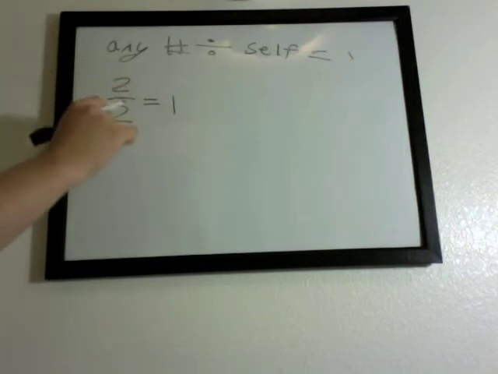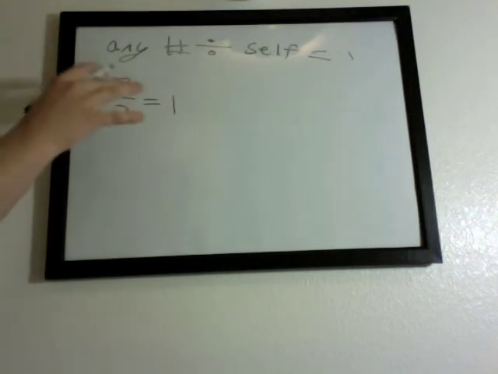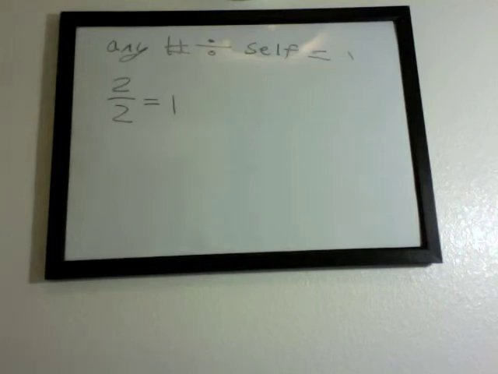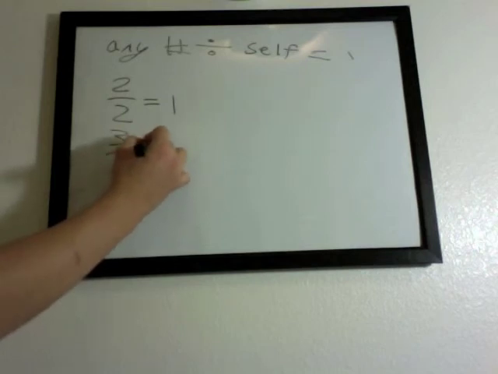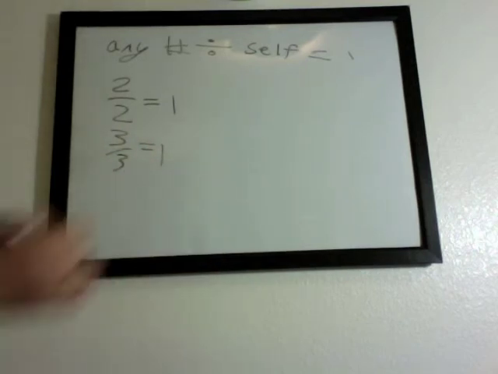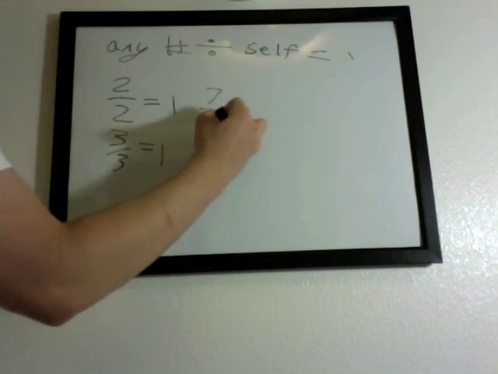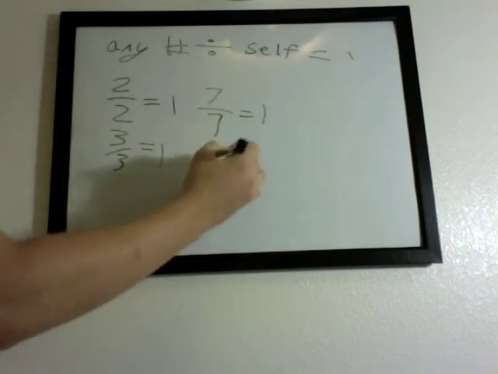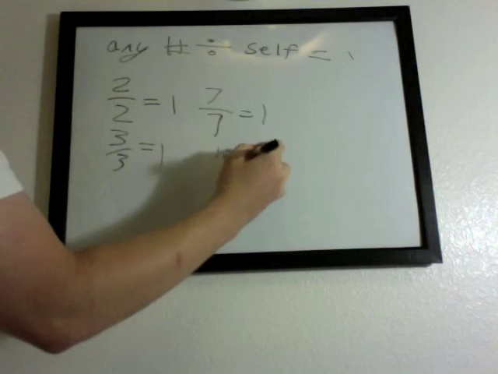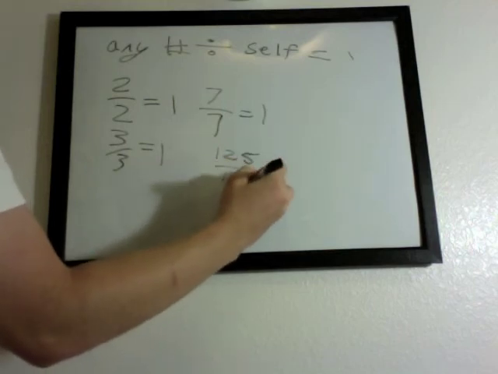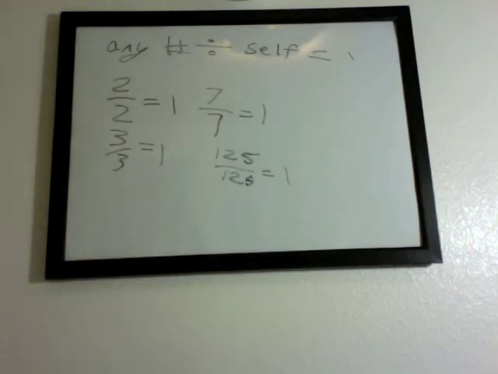Or if you don't want to do that, you can just think of 2 over 2. That's a fraction. That's 1. Another one would be 3 over 3 is 1. Or 7 over 7 is 1. Or 125 over 125 is equal to 1. All these rules are going to come in handy, and this one that we're talking about here is going to come in handy the most. It's what we're going to talk about next.